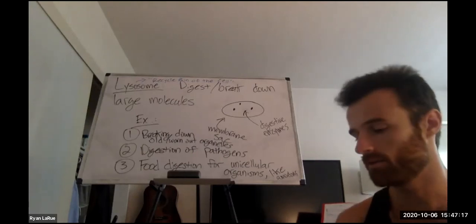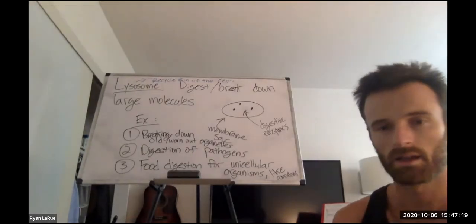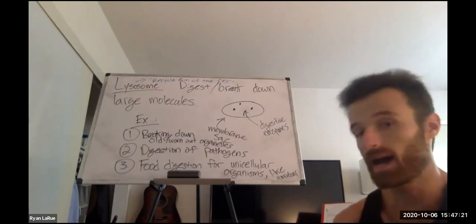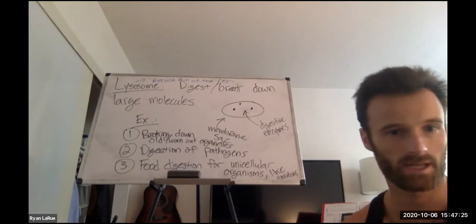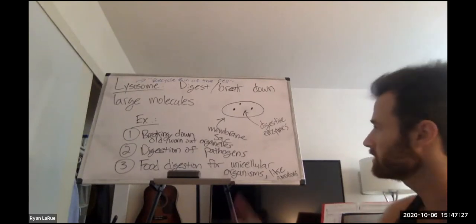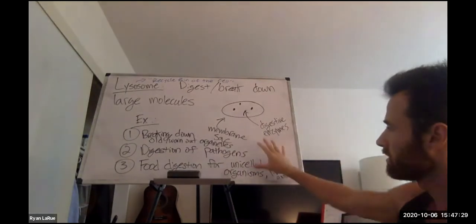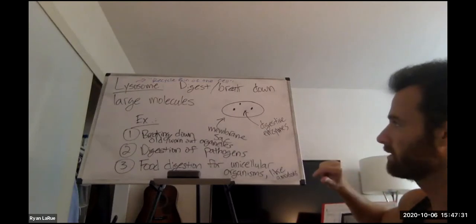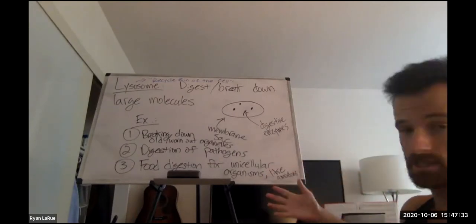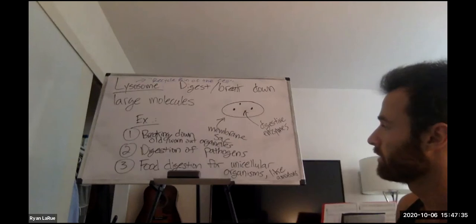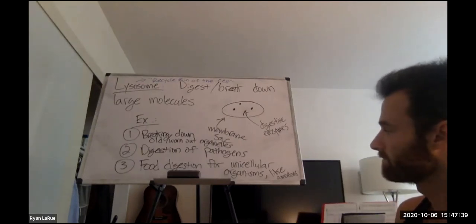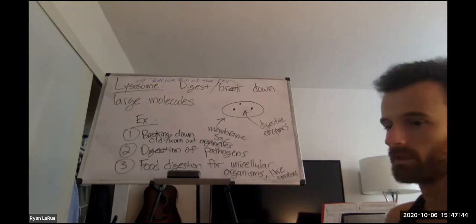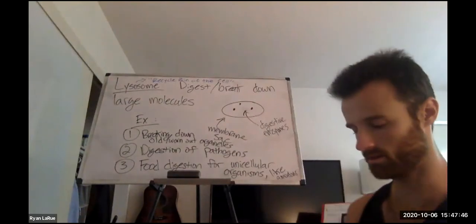So amoebas happen to be made of the cell type that has organelles, but there's a different cell type that doesn't have any organelles in it, but we'll discuss that. So just write unicellular organisms like amoebas that do have organelles like lysosomes rely on these lysosomes to digest food. Okay.